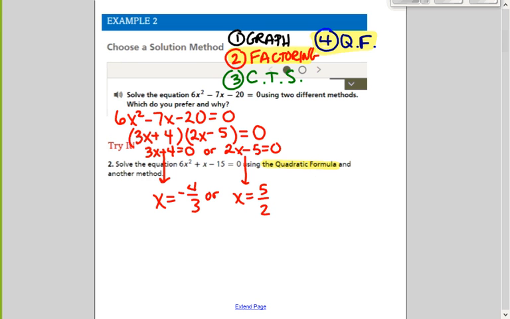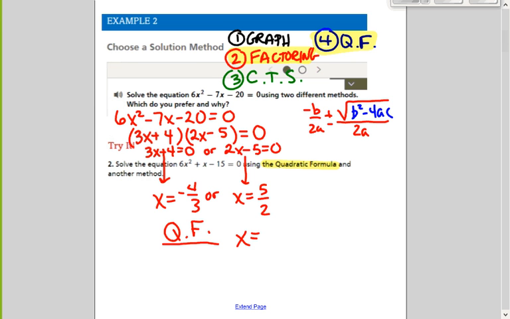Let's confirm it with the quadratic formula. All right. Let's just make sure we get those same answers. Ready? X equals the opposite of b over 2a plus and minus the square root of b squared minus 4ac also over 2a.